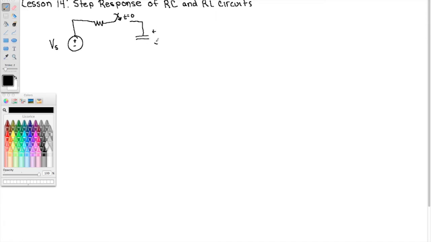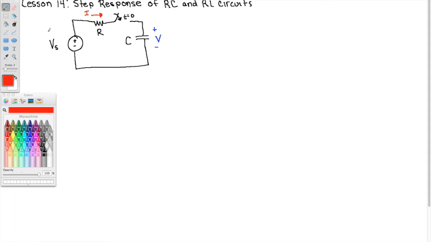Call this voltage V. And here's the capacitor. There's of course a current going through this resistor R. There's a current going through this loop when the voltage source is switched in, and we'll call that current I.